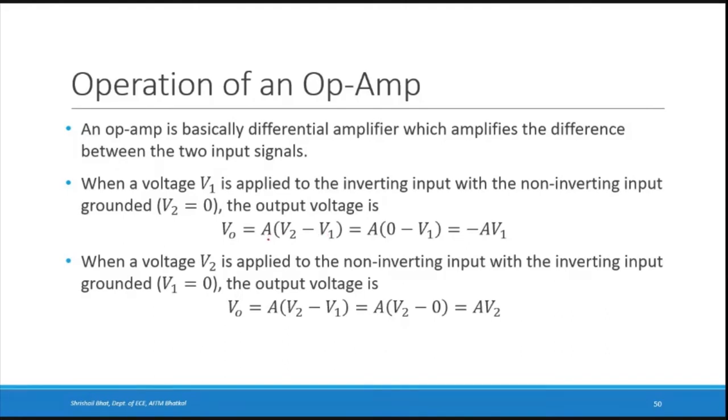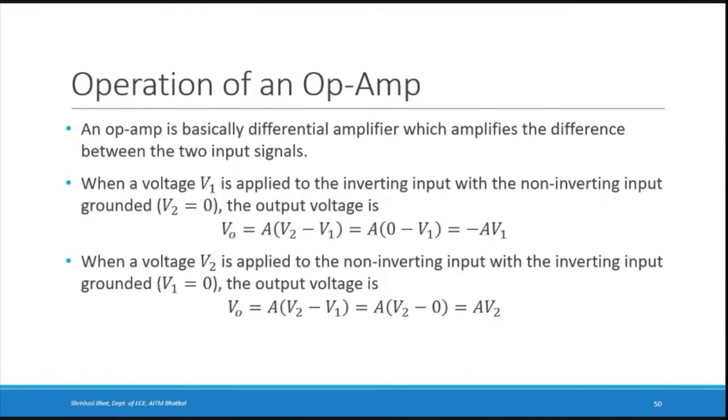So you can write V0 as A into V2 minus V1, where A is the gain. If V2 is 0, the output voltage will be equal to minus A into V1, right? So it will be an inverted version of V1 with a certain gain. That gain is indicated by A, right?